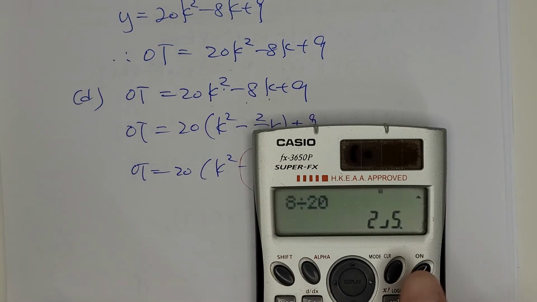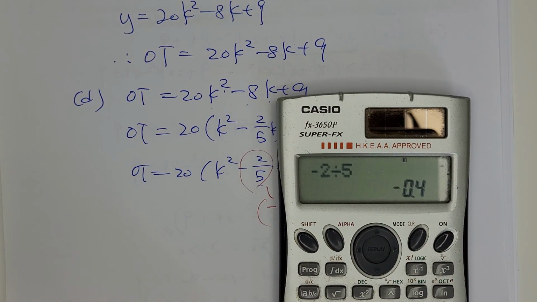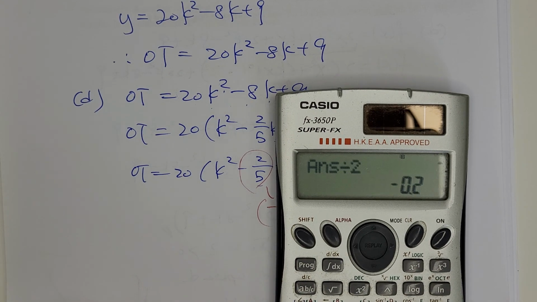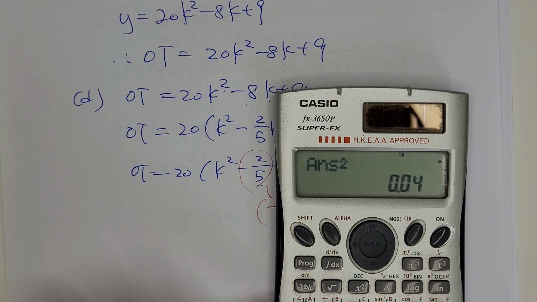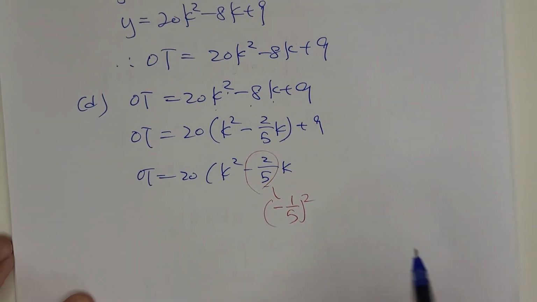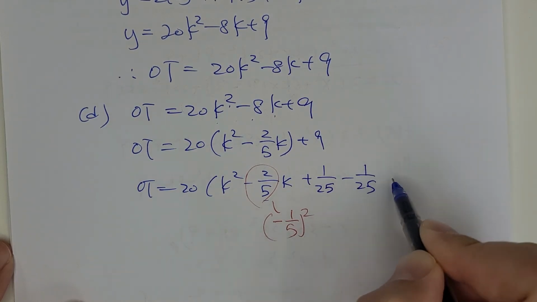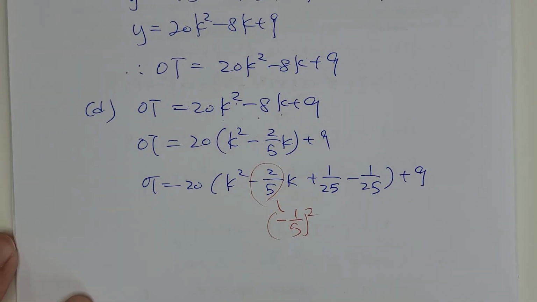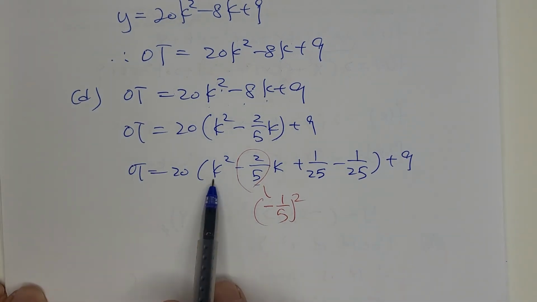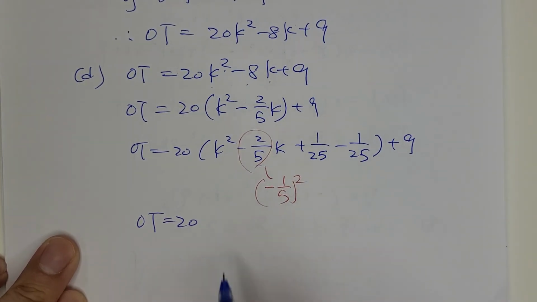So you can do it this way: negative 2 over 5 divided by 2 and then take the square, 0.04, that is 1 over 25. So you need to add 1 over 25 here. When you add this, you need to subtract it, plus 9. So the first 3 terms can form the perfect square.